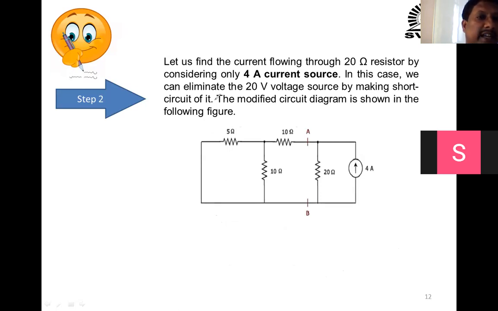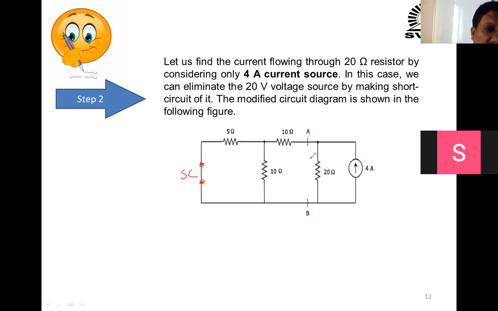In this case, we can eliminate the 20 volt voltage source by making short circuit. So after modification, the circuit will be like this. So here the 20 volt voltage source is there, which we have shorted here. So you can write here short circuit. If not, it's okay. But you can understand that the 20 volt voltage source we have shorted by keeping the 4 ampere source as it is.